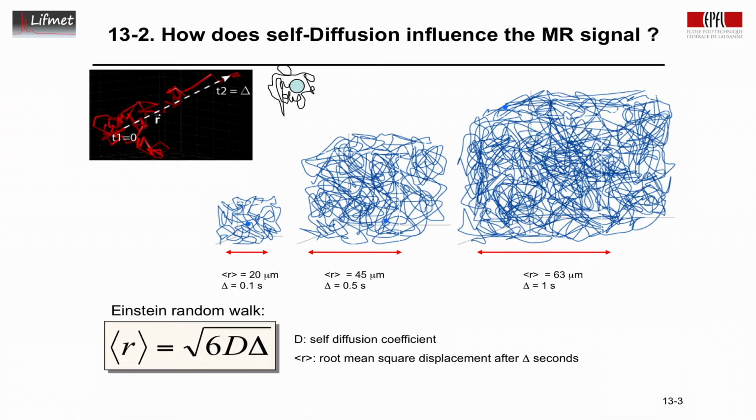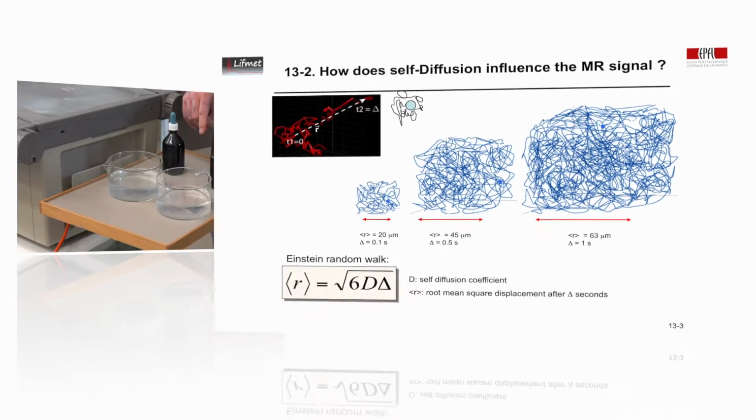So the self-diffusion coefficient depends on a number of parameters. It depends also on the size of the molecule, how easily it diffuses. Smaller molecules move more than bigger molecules, and we're going to illustrate this in the following experiment with 2 different types of fluids to illustrate the effect.